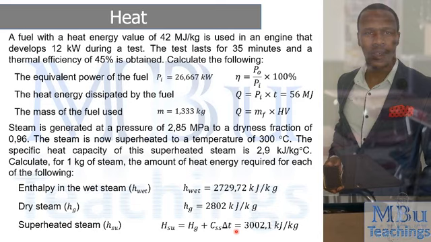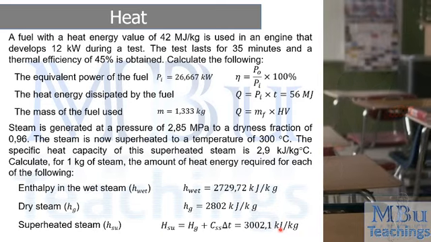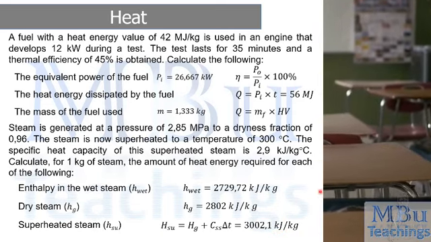Now that you want this one, you'll again go to this pressure, but this time you look for the temperature. That temperature will be your TS, the saturation temperature. So you'll have 300 minus TS as the delta T. So you'll get that answer. Then you just add and multiply, subtract if you have to subtract, and this will be the answer for the superheated steam. Thank you very much.